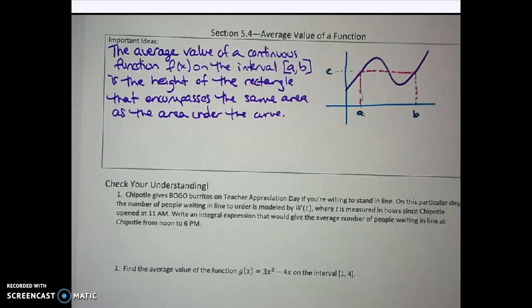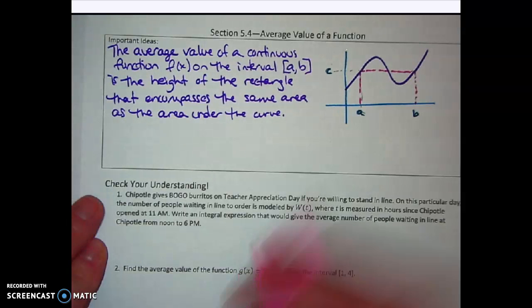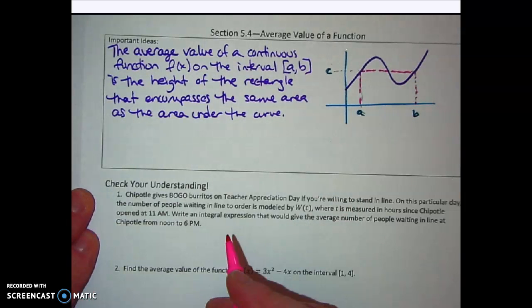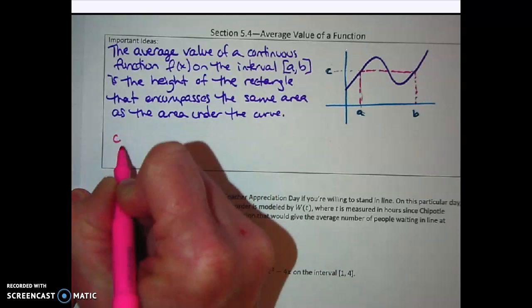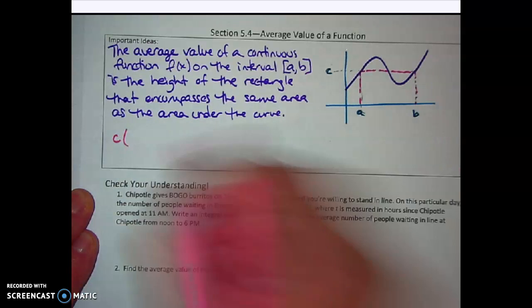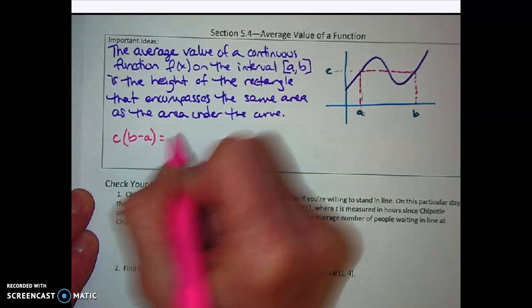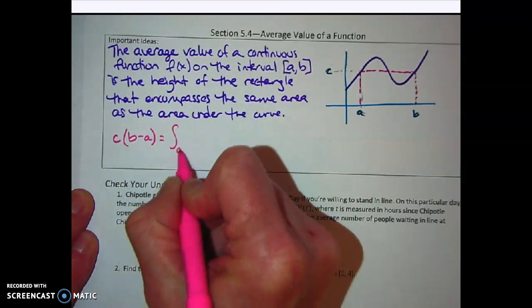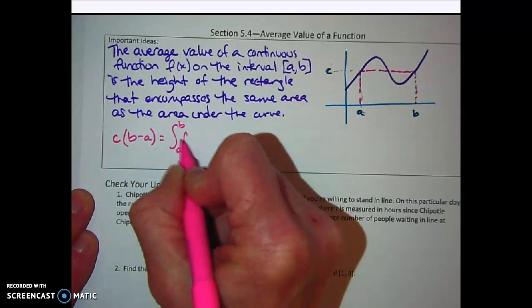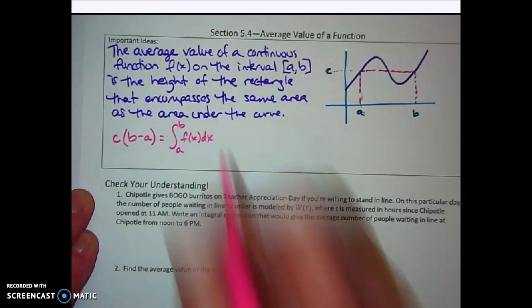The average value of a continuous function f of x on the interval from a to b is the height of the rectangle that encompasses the same area as the area under the curve. So in other words, if I were to find the area of that rectangle, the height is c times the length of my rectangle, which is b minus a, and that's going to equal the area under the curve, so the integral from a to b of f of x dx.